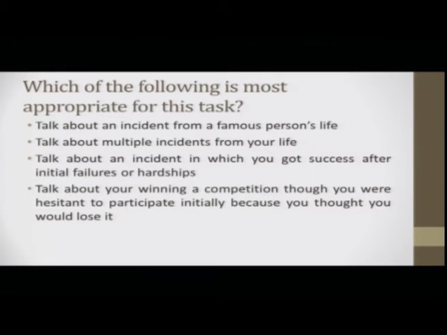Talk about an incident from a famous person's life. Talk about multiple incidents from your life. Talk about an incident in which you got success after initial failures or hardships. Fourth one, talk about you winning a competition, though you were hesitant to participate initially because you thought you would lose it. So, which one is most relevant for this task?